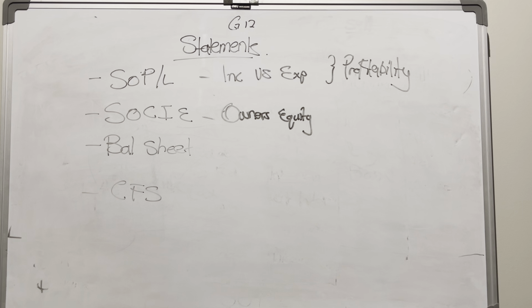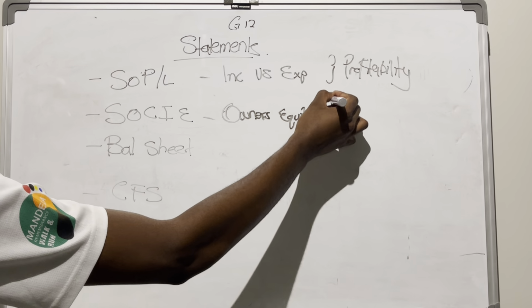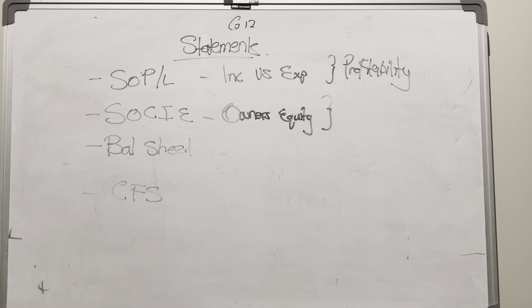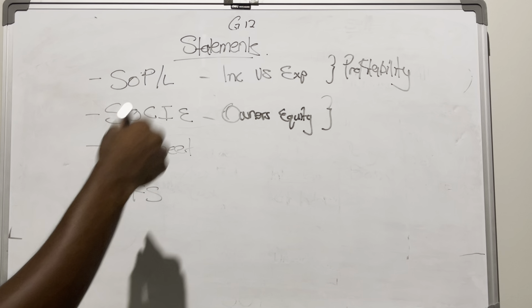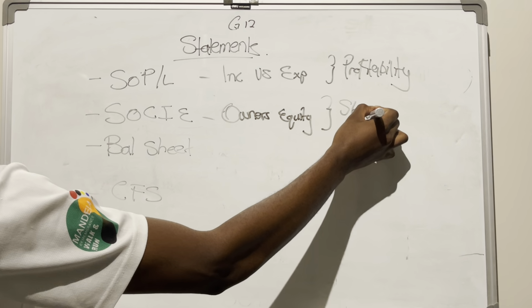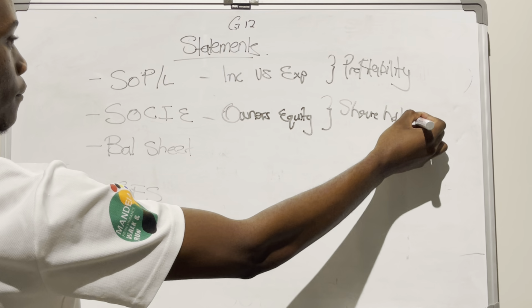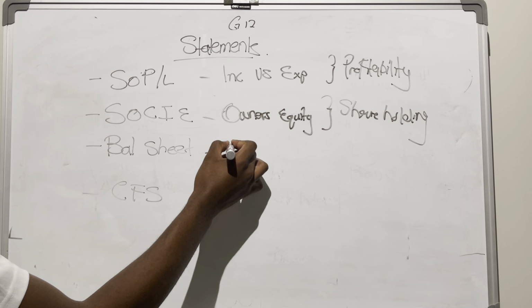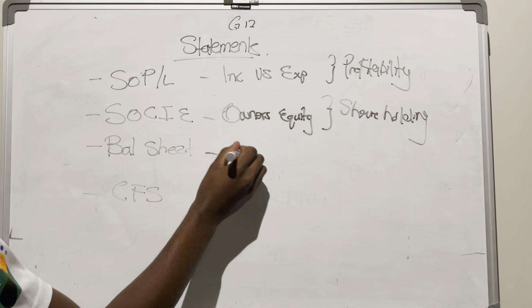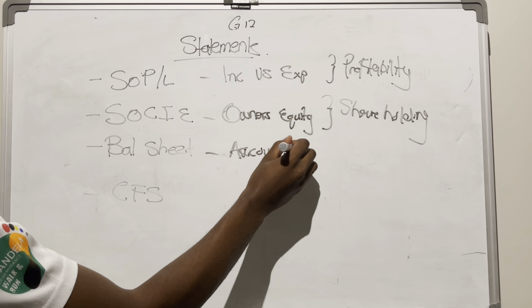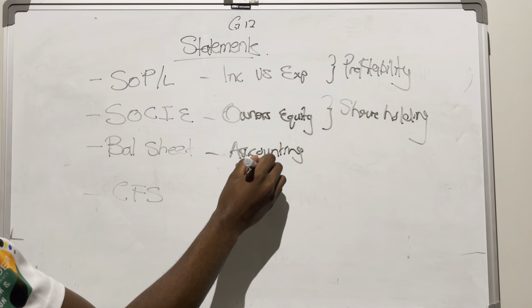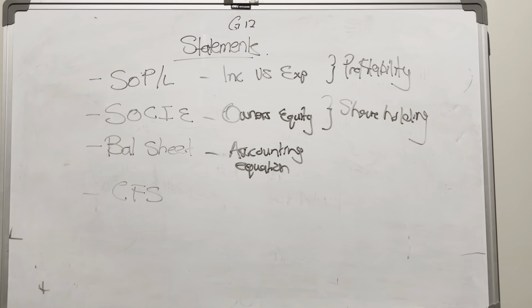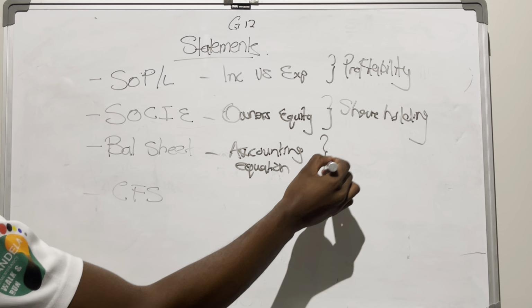It symbolizes your shareholding. We have your balance sheet, which is your assets, which is your accounting equation. Which symbolizes your performance.